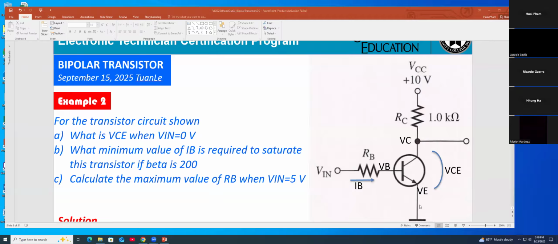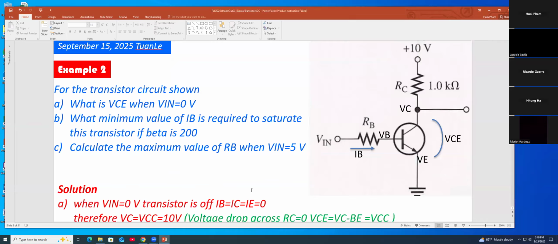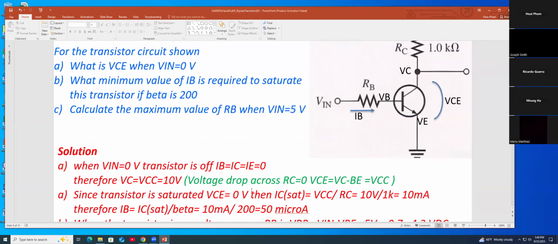And what is the minimum value of Vin required to saturate the transistor? When Vin equals 0, the transistor is off, IB equals IC equals IE equals 0.